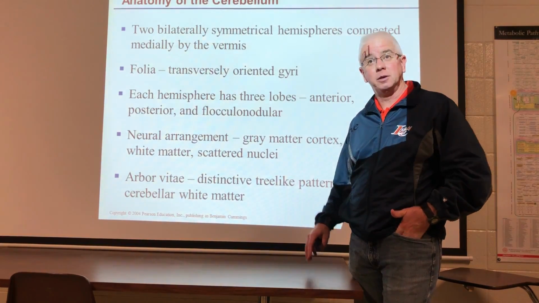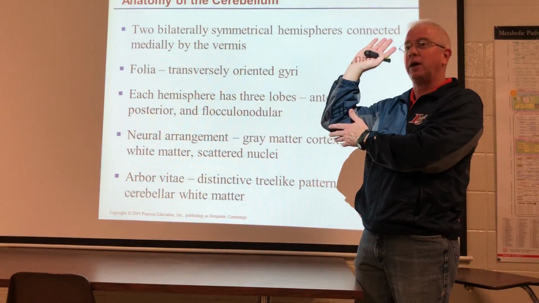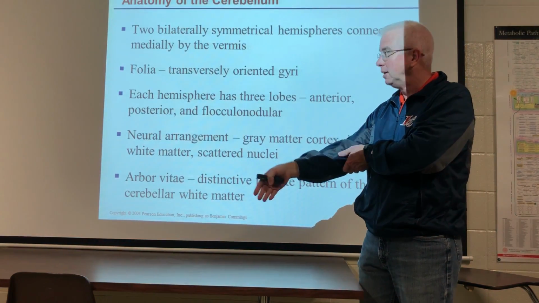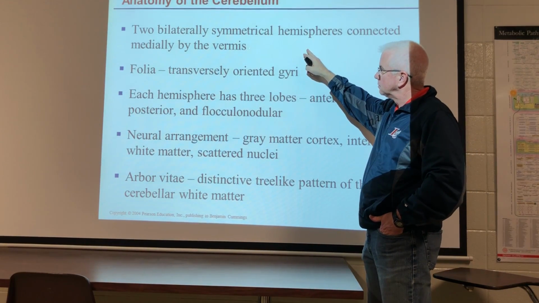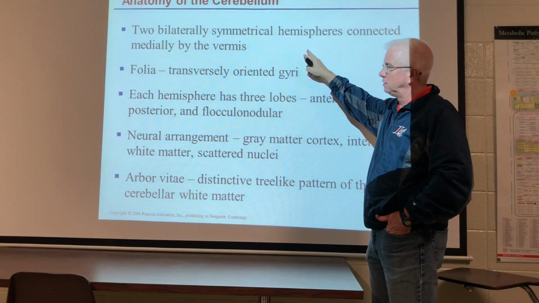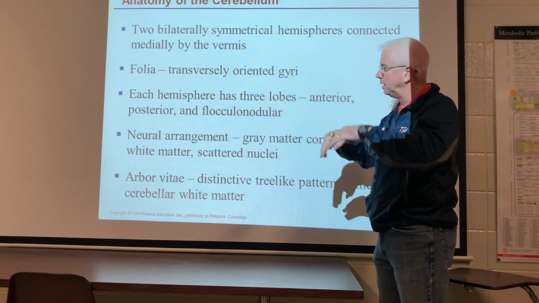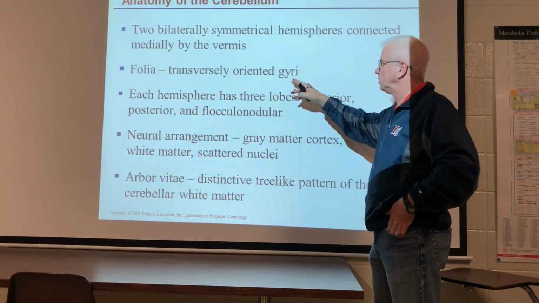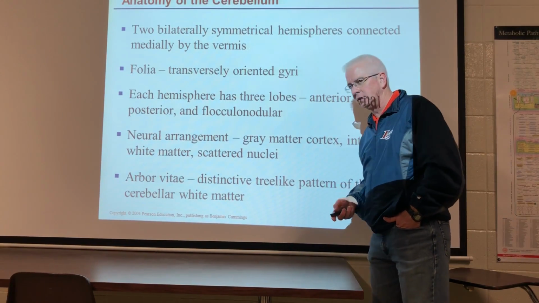The tentorium cerebelli, remember, goes into the transverse fissure, and the falx cerebri goes into the longitudinal fissure. The falx cerebelli travels along this vermis, the middle part of the cerebellum. It has folia. I think about a Rolodex here, transversely oriented gyri. Each hemisphere has 3 lobes.